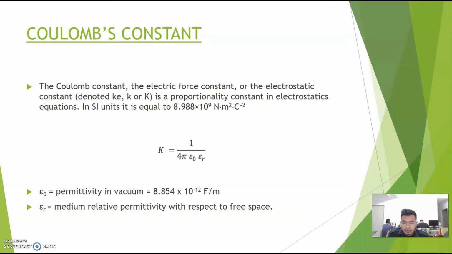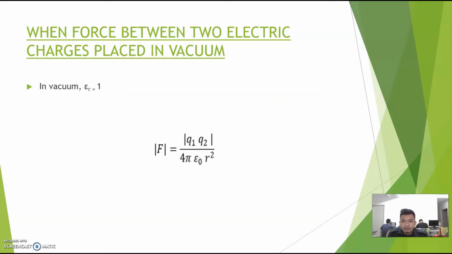In SI units, it is equal to 8.988 times 10 to the power of 9, and the unit is N times meter squared times Coulomb to the power of negative 2. The Coulomb constant is equal to 1 over 4 pi times the permittivity in vacuum, and the relative permittivity in a medium with respect to free space.